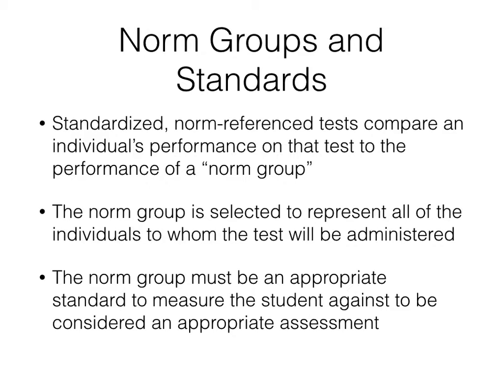But this is something that you want to know about and consider when you are evaluating tests for consideration and use in your evaluations, is to make sure that the normative group was based off of a representative and appropriate sample, so that we can be confident in our comparison from the student that we evaluate or test to the normative group or sample.